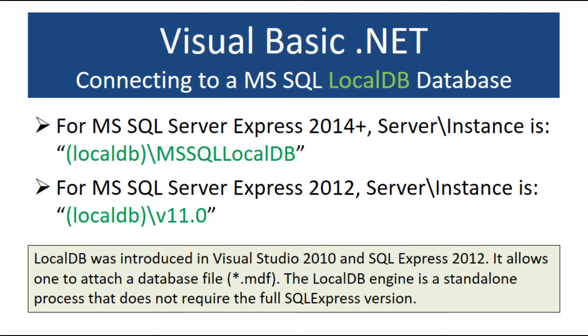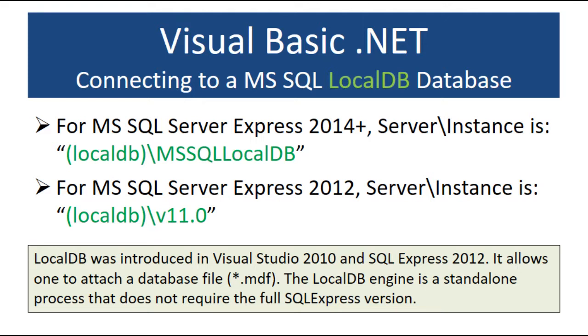So do note there are some differences depending on what version of SQL Express you're using, and if you are using that, you need to use (localdb) in parentheses as the server name to access it.